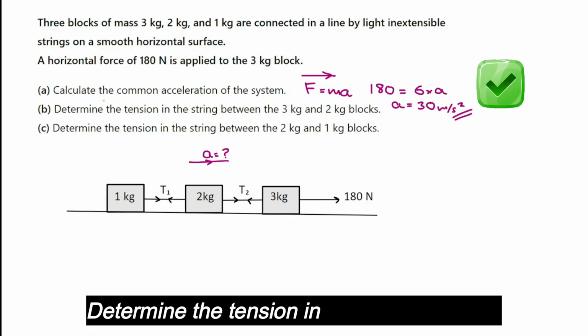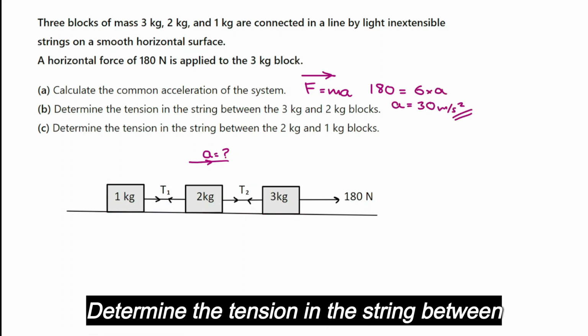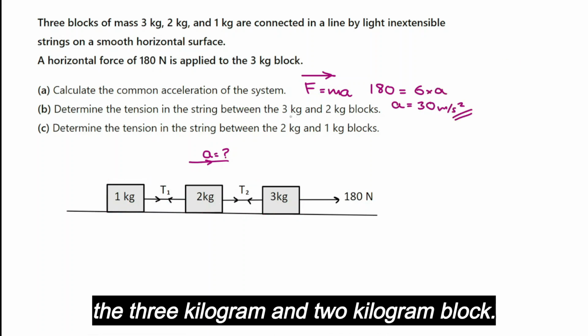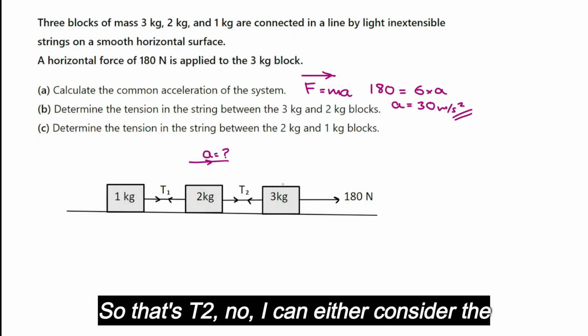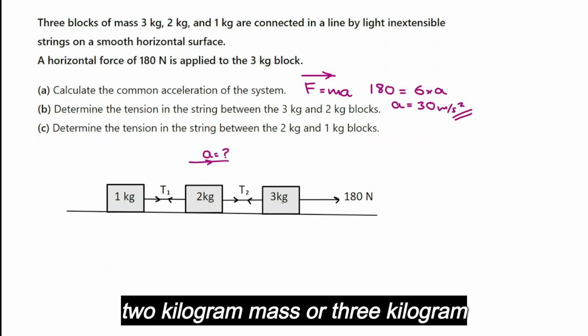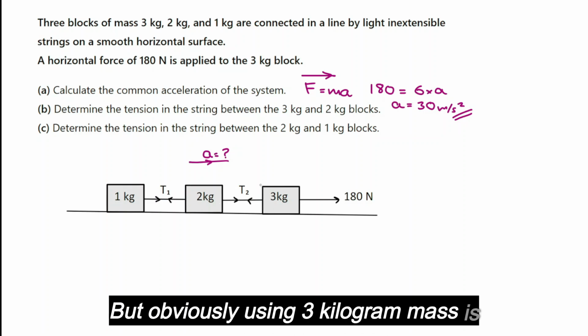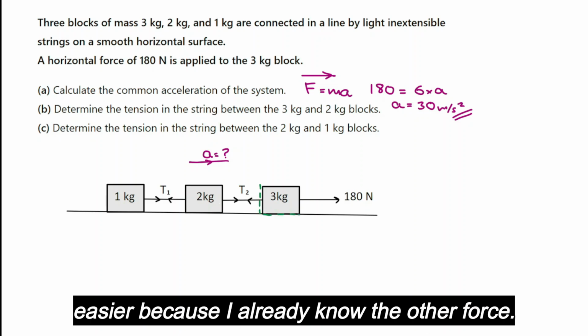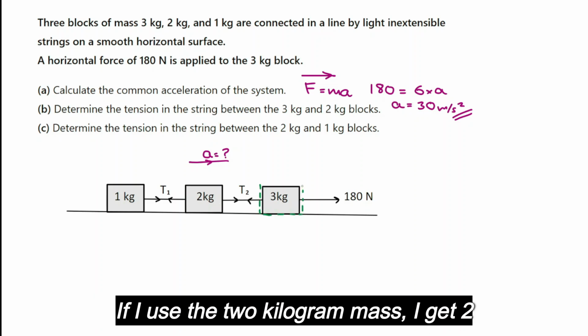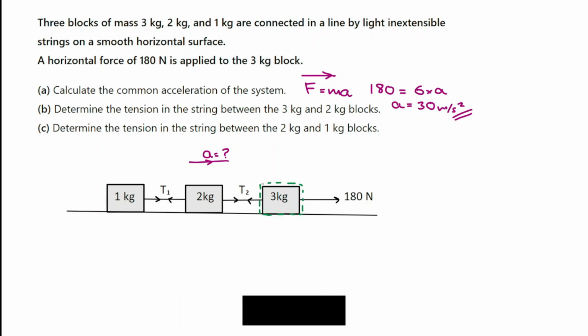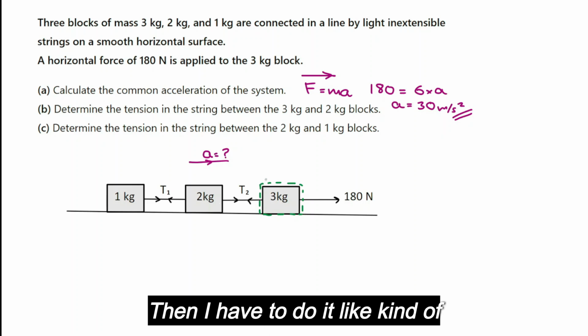Done. Part B. Determine the tension in the string between the 3 kilogram and 2 kilogram block. So that's T2. Now, I can either consider the 2 kilogram mass or 3 kilogram mass here, but obviously using the 3 kilogram mass is easier because I already know the other force. If I use the 2 kilogram mass, I get 2 unknowns, then I have to do it kind of simultaneously.